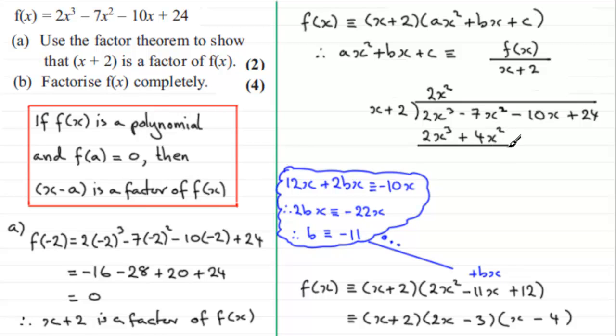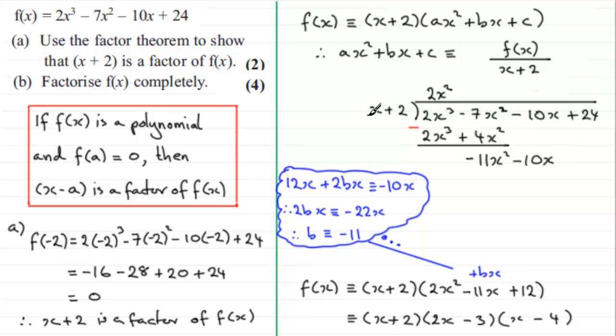And then we subtract to work out what the remainder is. 2x cubed minus 2x cubed, well that's 0. And then we've got minus 7x squared minus plus 4x squared, which is going to be minus 11x squared. And then we bring down the minus 10x. And then we start all over again.